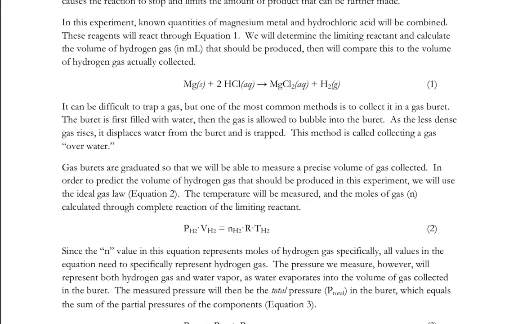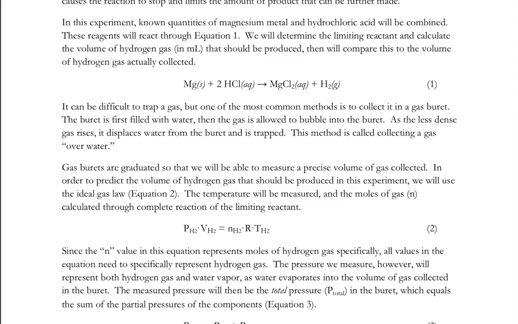And then whichever of the two is the limiting reactant, we will determine the moles of H2 from that. If magnesium is the limiting reactant, we see that magnesium and H2 are in a 1-to-1 mole ratio. So however many moles of Mg we reacted will give us the moles of H2 that we produce.